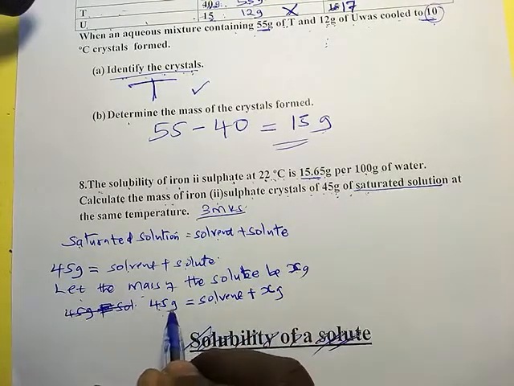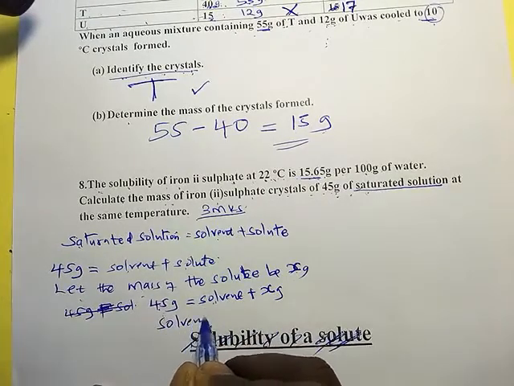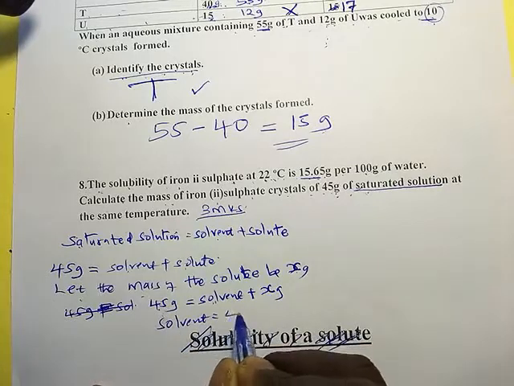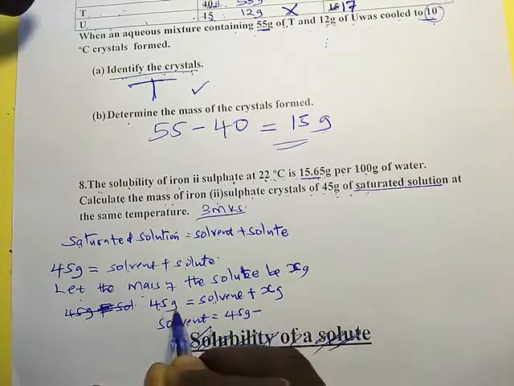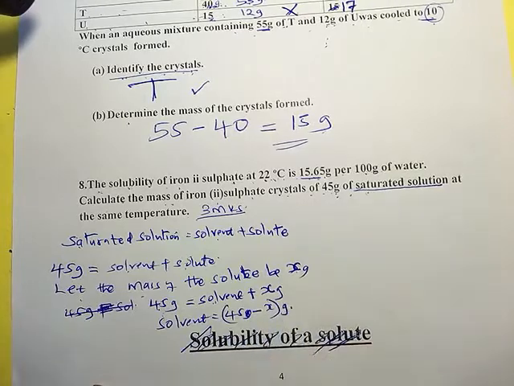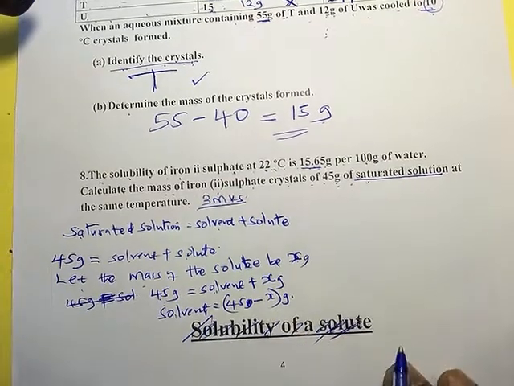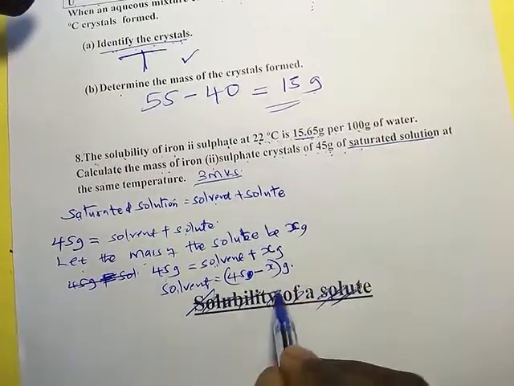Can we get the mass of the solvent? Very correct, we can get. So solvent equals 45 grams minus X. We can put this one in grams. Now we have the mass of the solvent. You understand that? Very good. So don't worry about this.